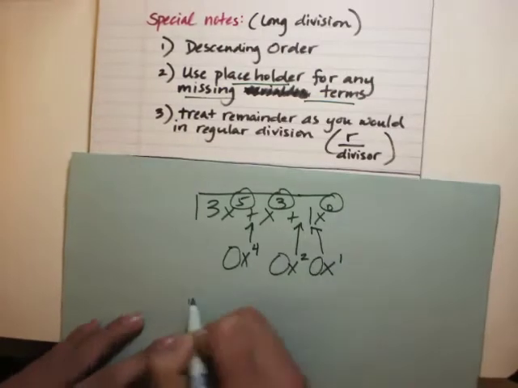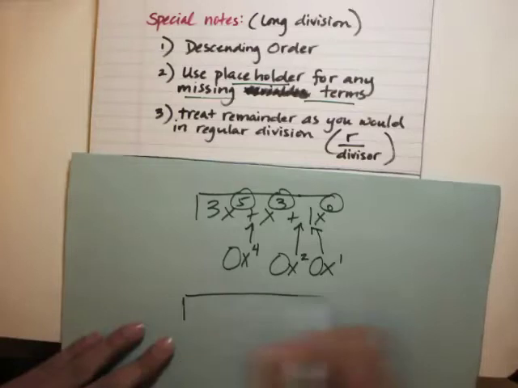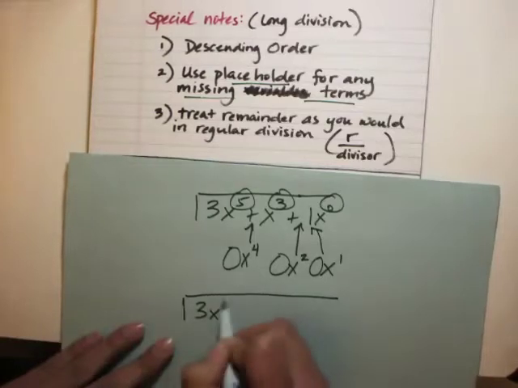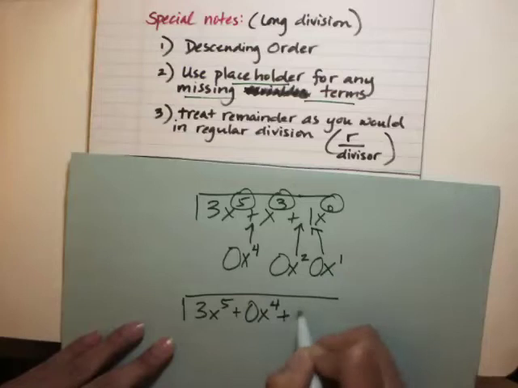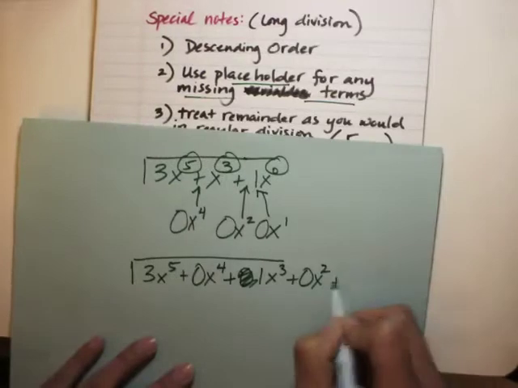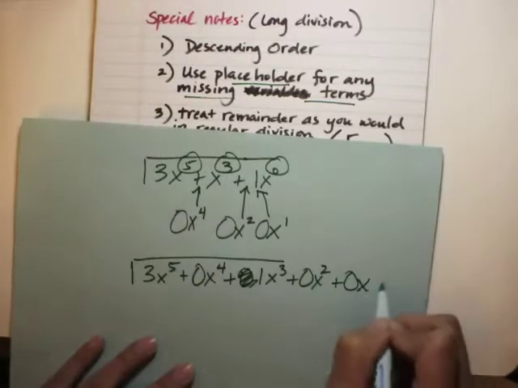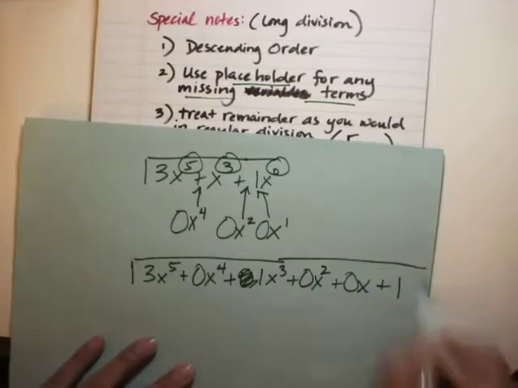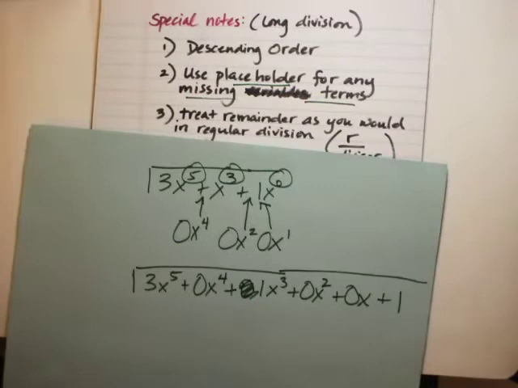Okay, so when you set this up, you need to rewrite this problem as 3x to the 5th plus 0x to the 4th plus 1x to the 3rd plus 0x squared plus 0x plus 1. Okay, so that's what I mean by placeholders.